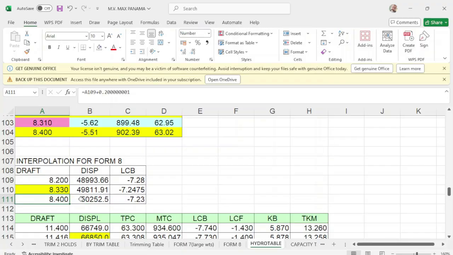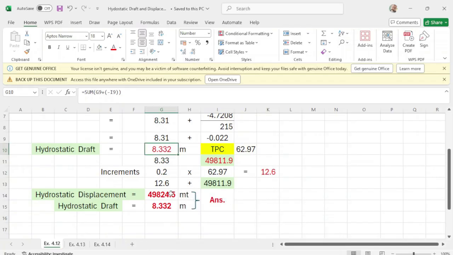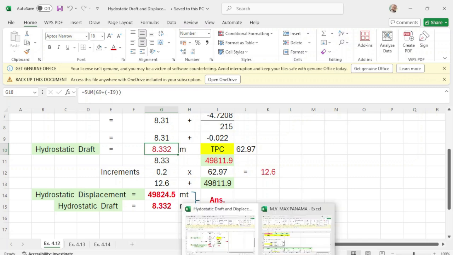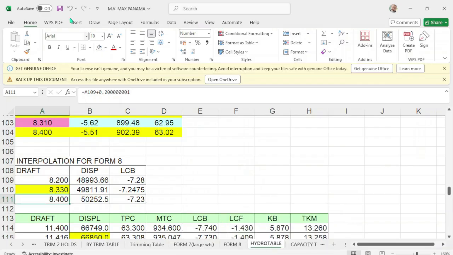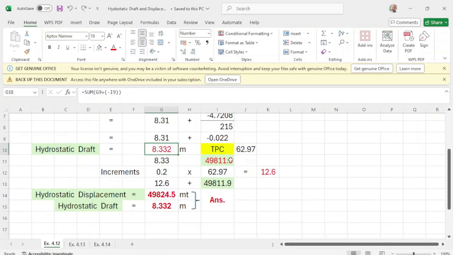Displacement is 49811.9. Okay, so that is the displacement. So you have already the displacement for 8.33.